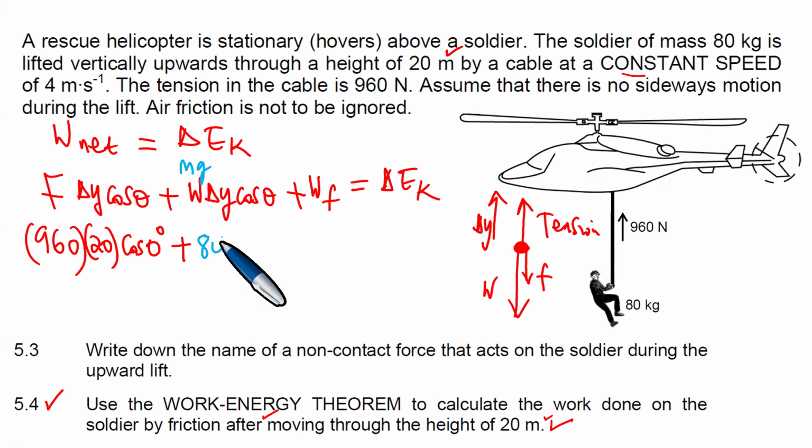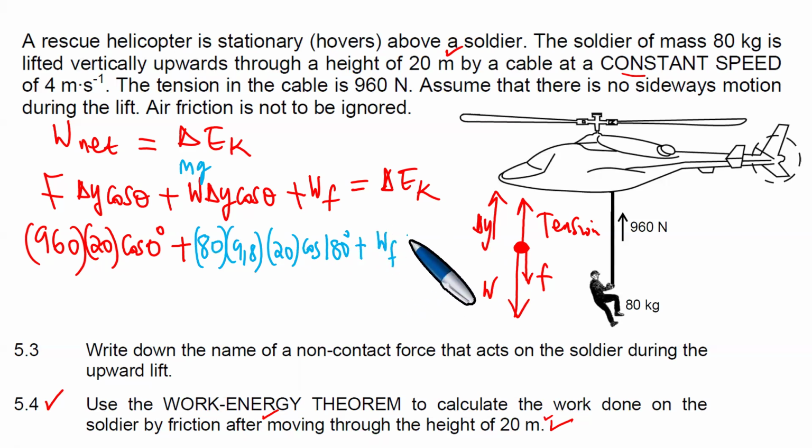So we have mg, with g equal to 9.8 meters per second squared, through a height of 20 meters, times cosine of what? The weight is straight down and delta y is upward, so the angle between them is 180 degrees.